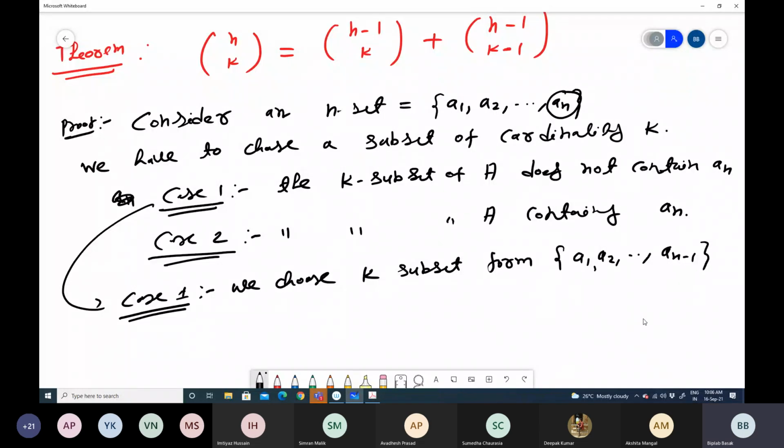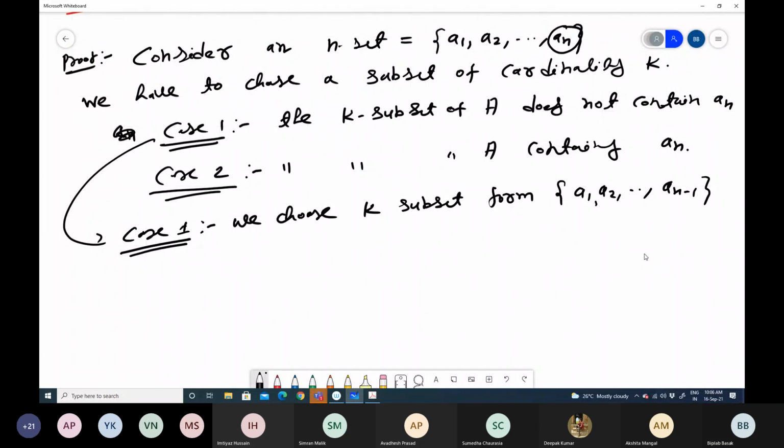So that means we are choosing this one. And what about case 2? This is sometimes called an inductive kind of proof as well. Now that k subset already contains an, and you have to choose the remaining k minus 1 elements from this.